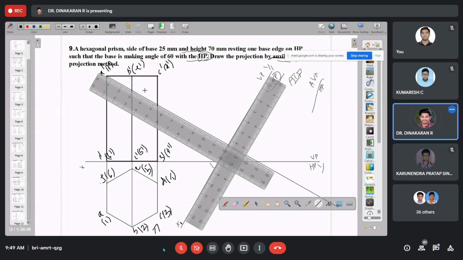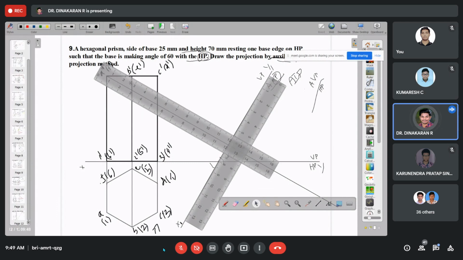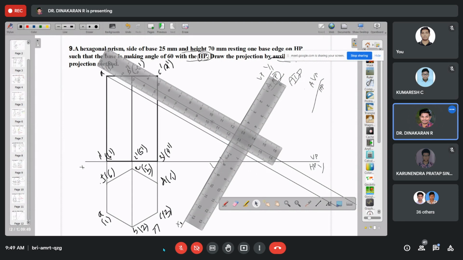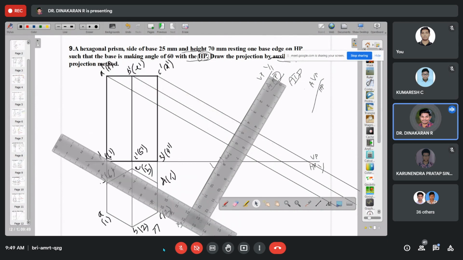You extend it the same way from all the points, from the bottom face also, from the top face also.